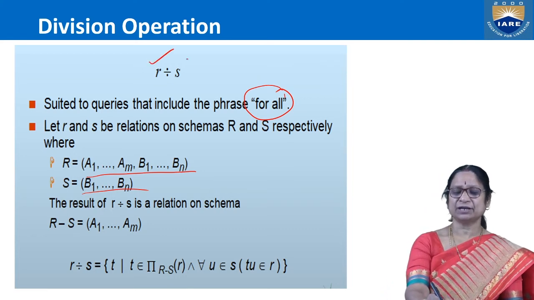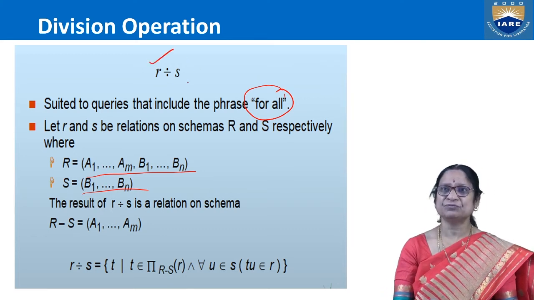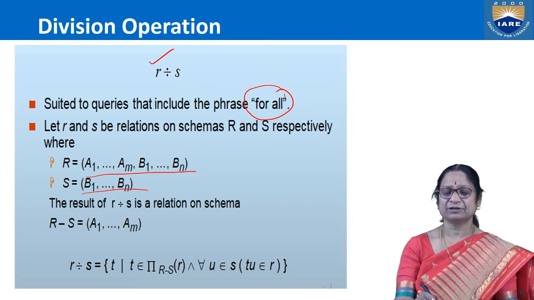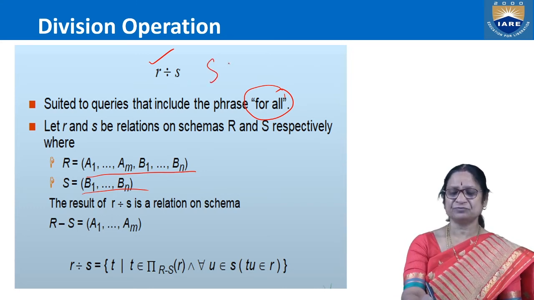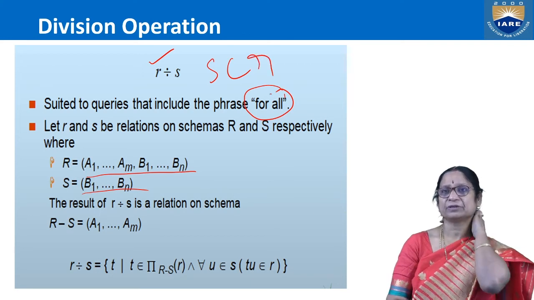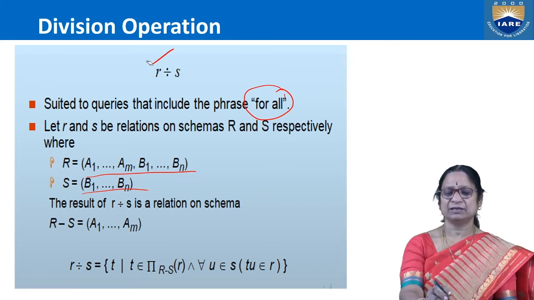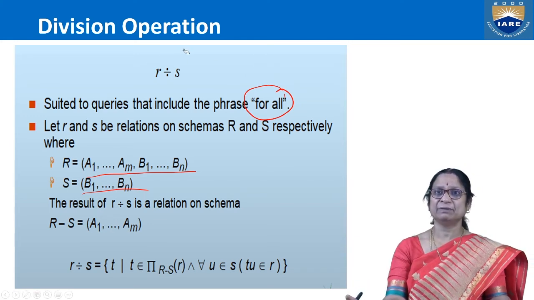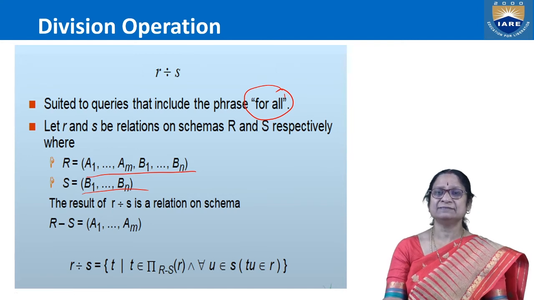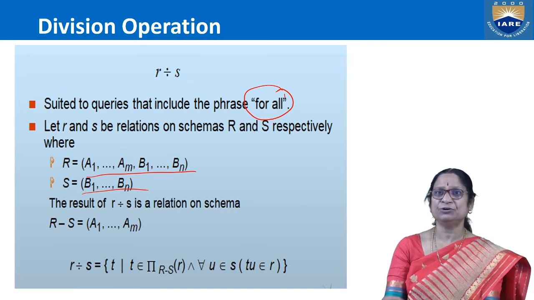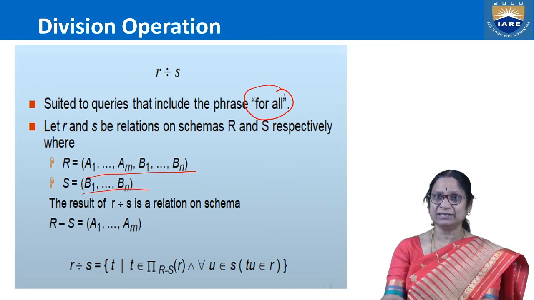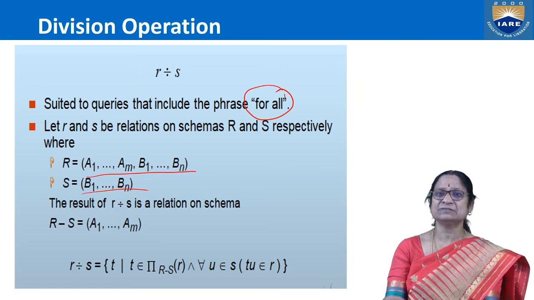That means R should contain the attributes of S. Remember that: the structure of S must be contained in the structure of R. Then only this division operation is going to be considered. That's why R consists of A1 to AM, B1 to Bn, and S consists of B1 to Bn. All attributes of S are available in R. Then only the division of two relations is applicable.